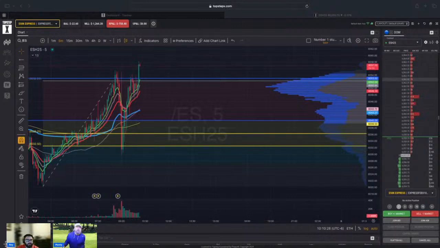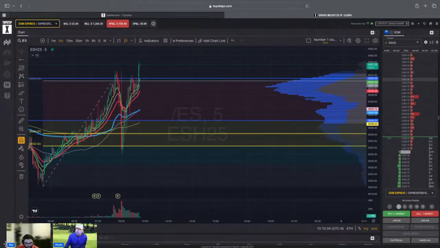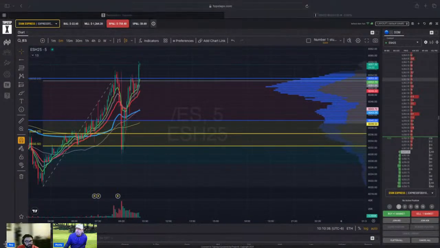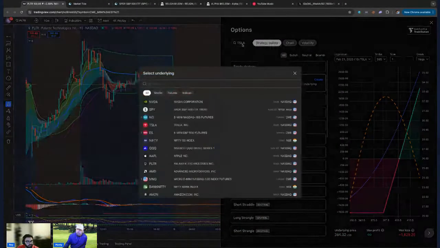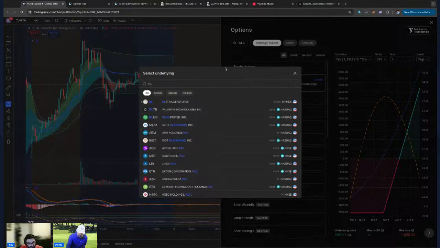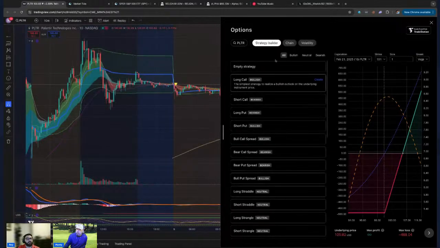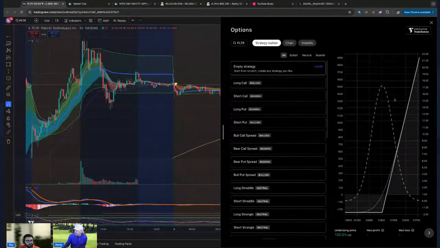I gotta figure out this Palantir mess. Why are we not on the same page here? So, what are these options? Let me look at something else here. Long call, February 14th. I'm looking on the web. 106.